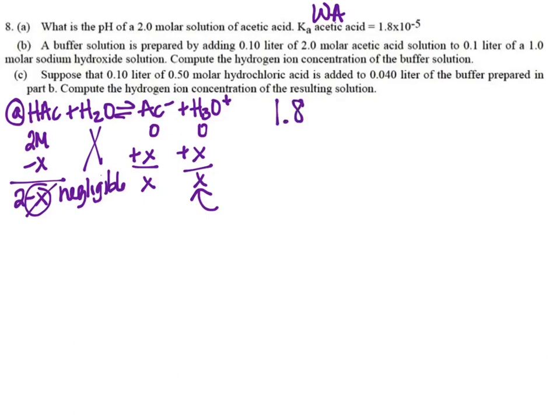Our Ka, which they've given us, is 1.8 times 10 to the minus 5th, equal to our products, X squared, over our reactants, 2.